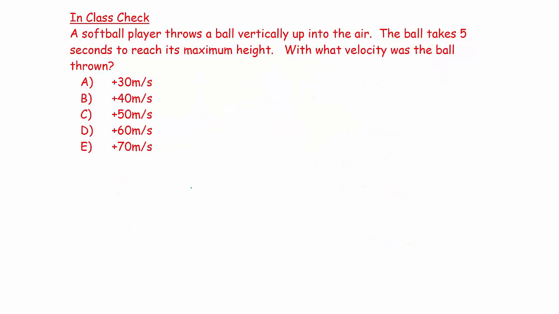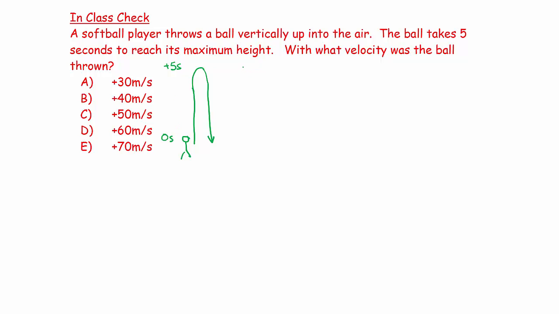A softball player throws a ball vertically upwards into the air. So here's my softball player, throws the ball vertically upwards into the air. The ball takes 5 seconds to reach its maximum height. Comes back down again. With what velocity was the ball thrown? So I know if this is 0 seconds, I know this is 5 seconds.